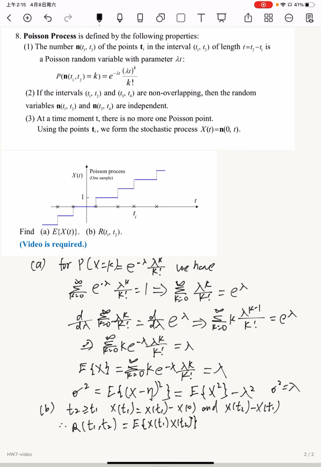which equals the mean of x(t1) multiplied by (x(t2) minus x(t1) plus x(t1)).